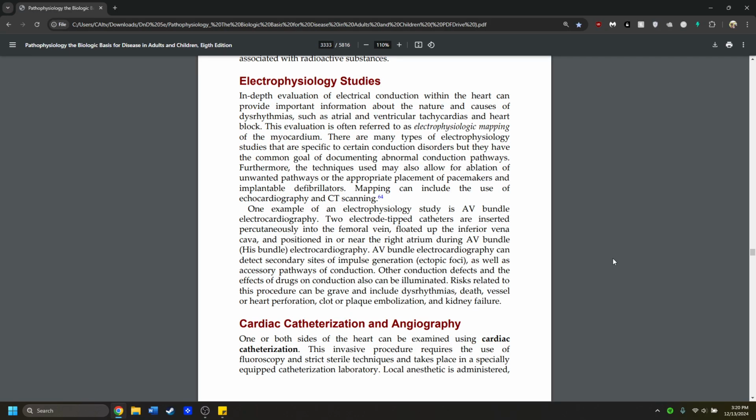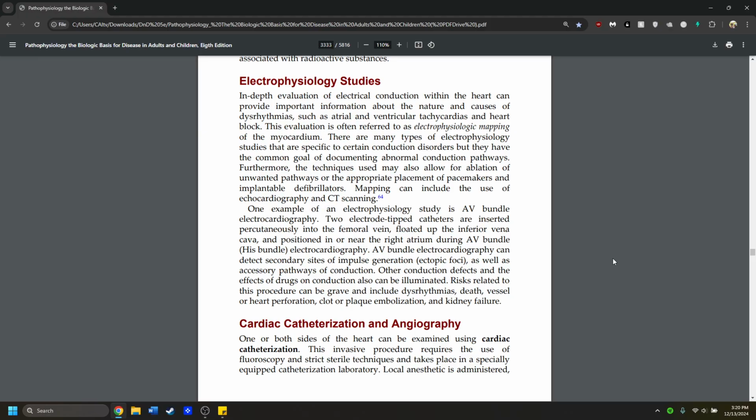Electrophysiology studies. In-depth evaluation of electrical conduction within the heart can provide important information about the nature and causes of dysrhythmias, such as atrial and ventricular tachycardias and heart block. This evaluation is often referred to as electrophysiologic mapping of the myocardium.